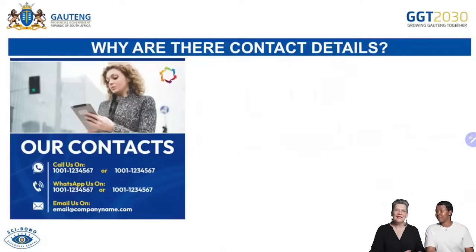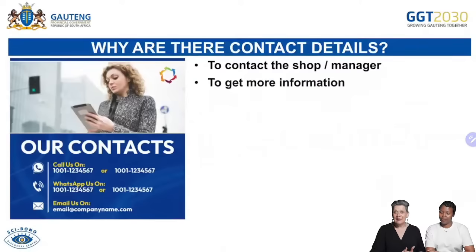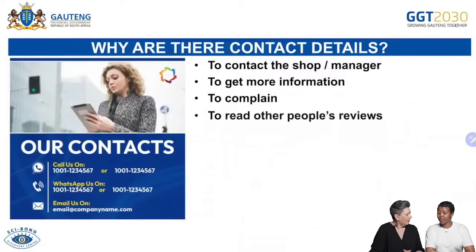A lot of time contact details are included. And the question arises, why are they there? Now, there are so many options available to you. Obviously, to contact the shop, to get more information, obviously to complain.